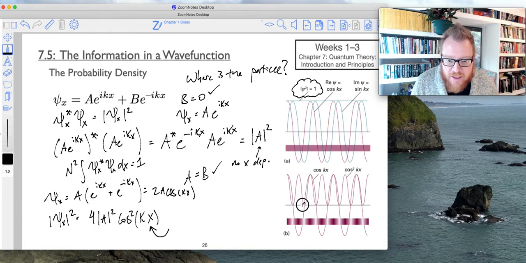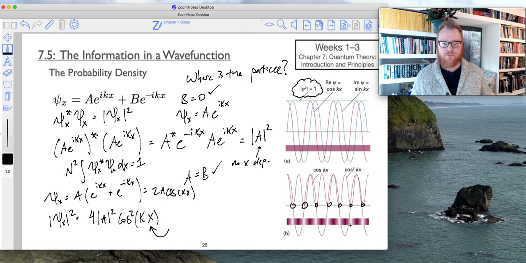And once again, where it crosses the origin, we call those nodes, and where it peaks, those are the most probable places of finding the electron. The cosine squared graph looks very similar to the cosine graph, except it's a little bit narrower, and because it's squared, it doesn't have negative values.